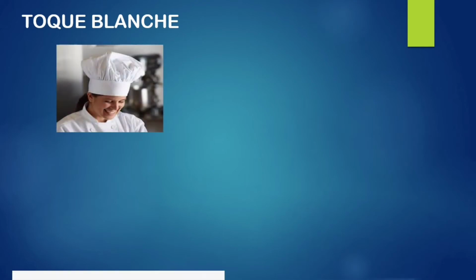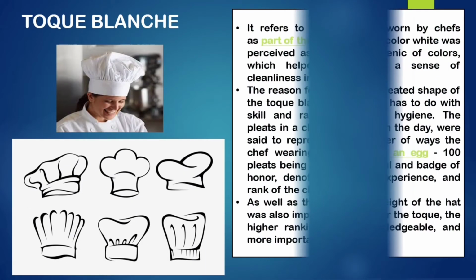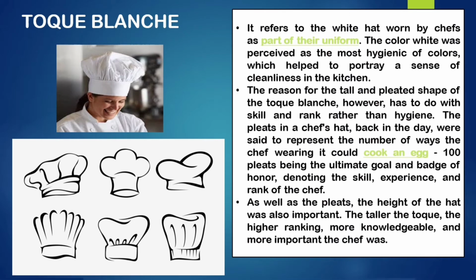When we say toque blanc, it refers to the white hat worn by chefs as part of their uniform. The color white was perceived as the most hygienic of colors, which helped to portray a sense of cleanliness in the kitchen. The reason for the tall and pleated shape of the toque blanc, however, has to do with skill and rank rather than hygiene.